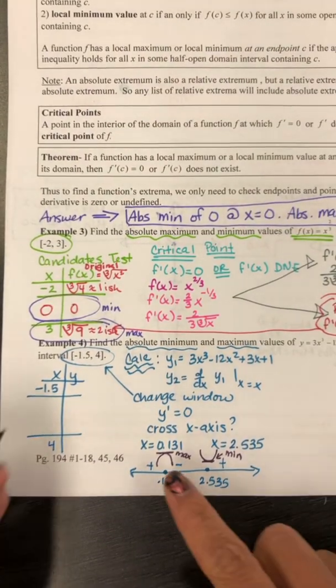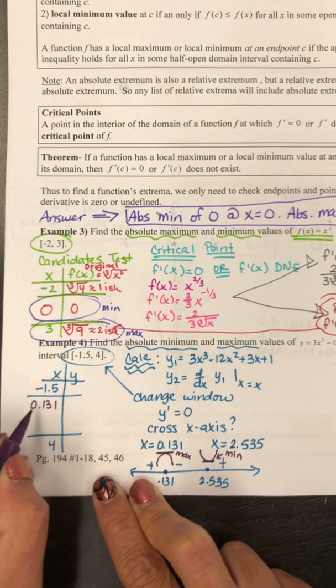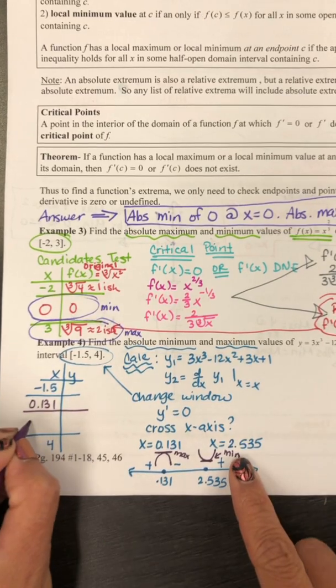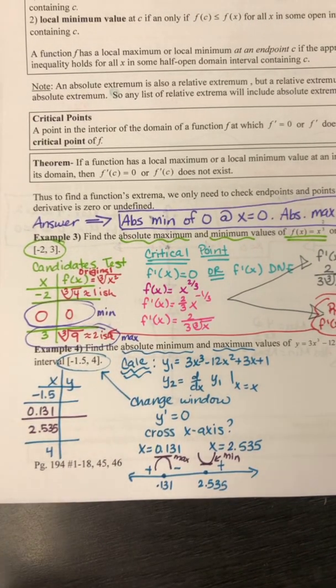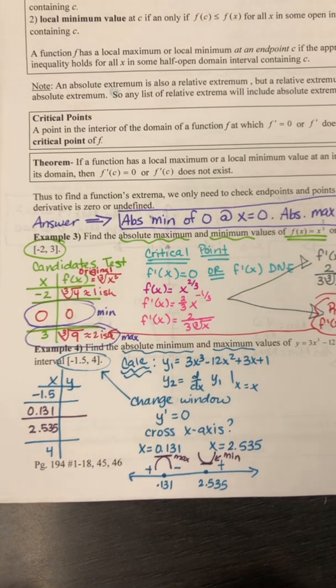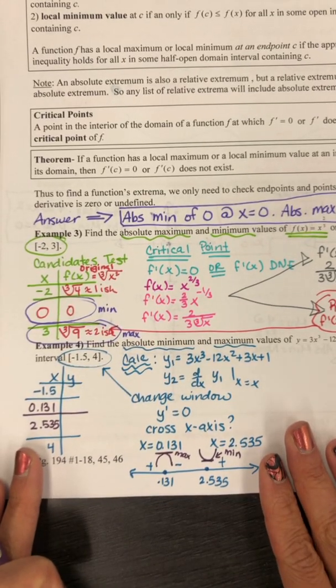All right, so let's add these to our table. 0.131 goes first because it's smaller than the 2.535. And we're going to plug those into the function. So I'm going to show you something else that's new in the calculator that, well, it's not new. We know it. It's just we don't think to use it a lot because we're not used to using it.